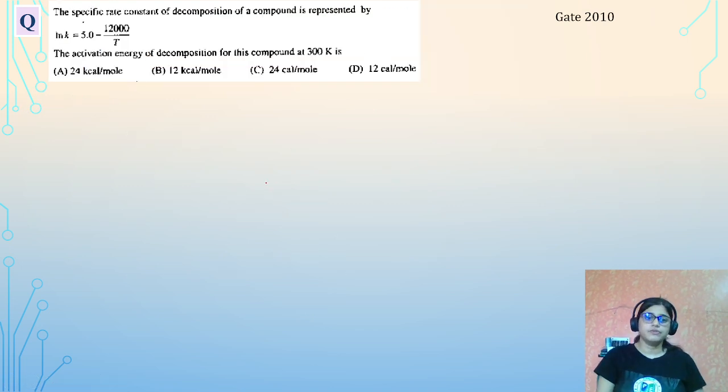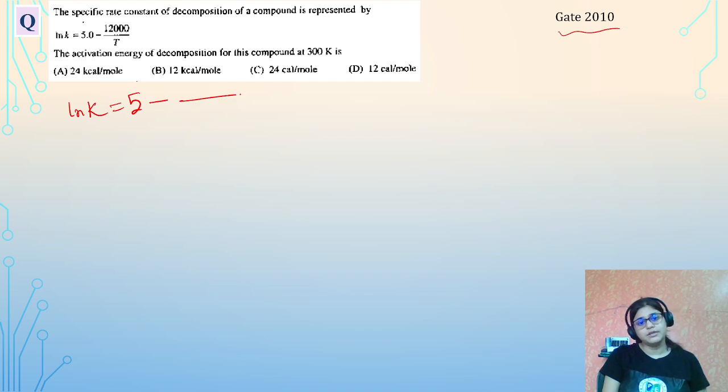Now coming to the next question. So it is also from GATE. Okay. So the specific rate constant of, it is also a little bit blur. I'm sorry for this. The specific rate constant of decomposition of a compound is represented by, okay, I'm writing here. If you cannot see here, ln K is 5 minus 12,000 by T. Fine.